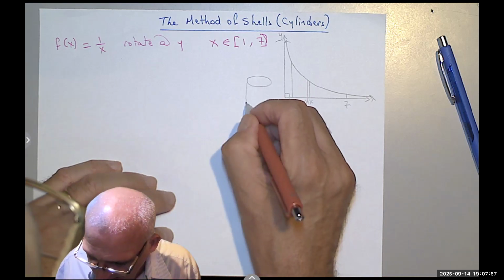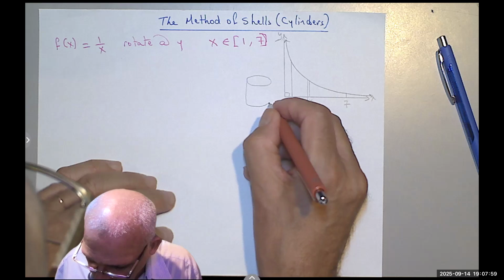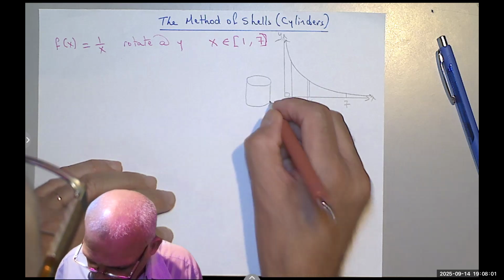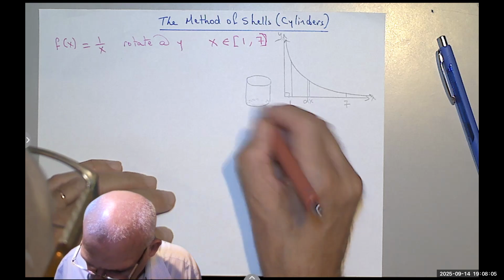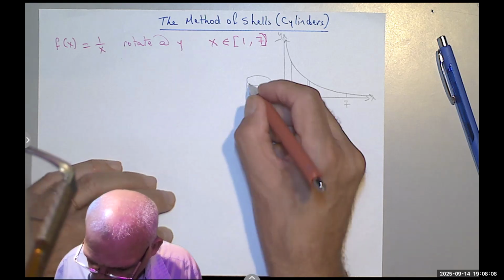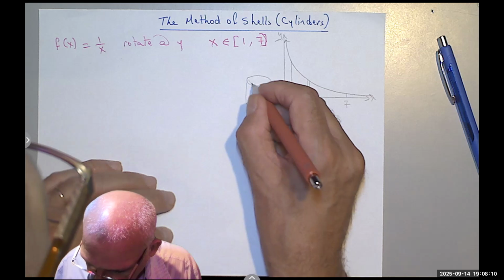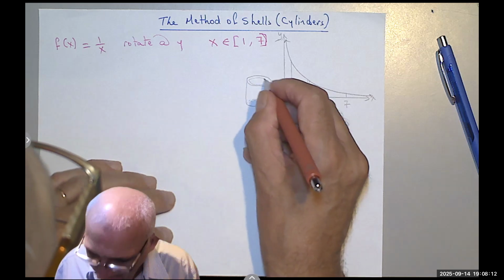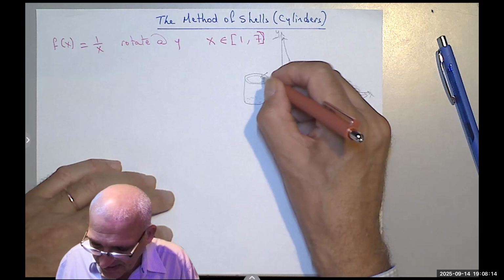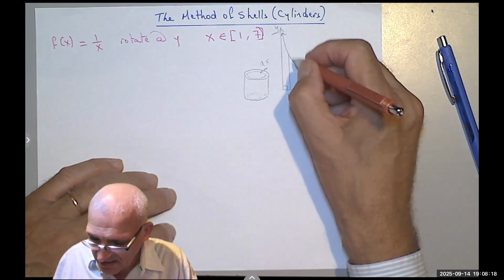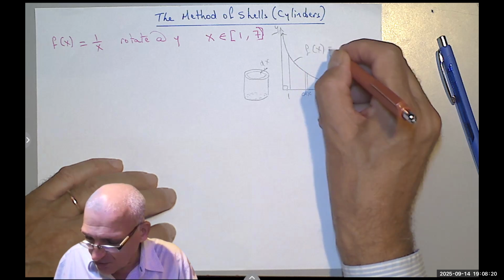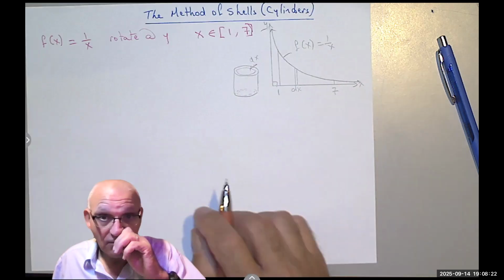A cylinder that has a thickness of dx. The height is basically f of x, which is 1 over x, right?